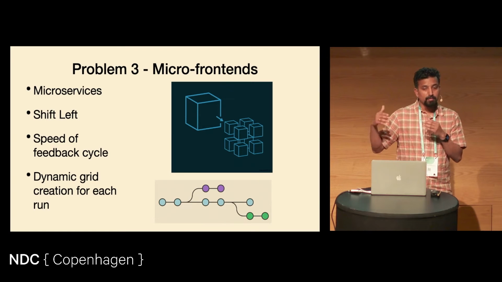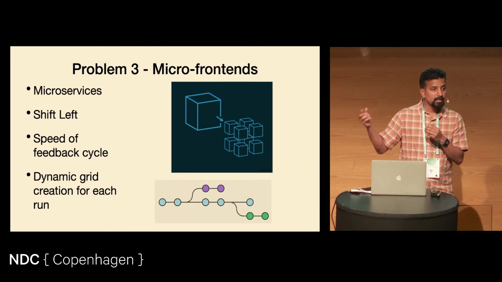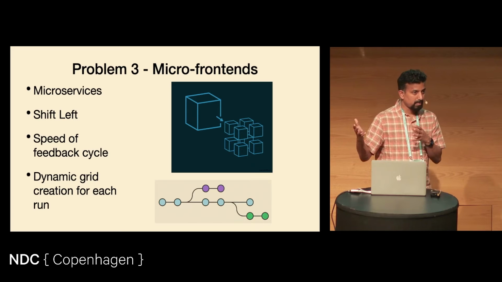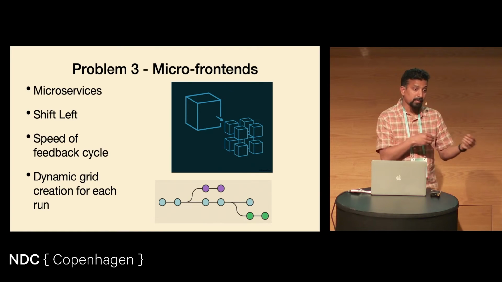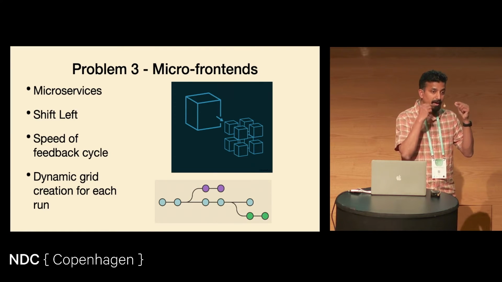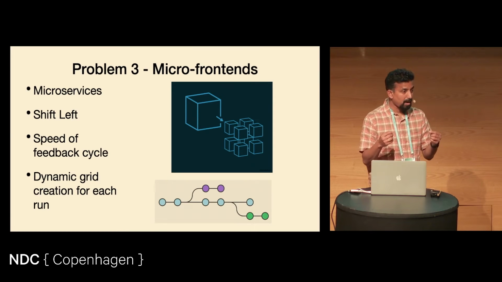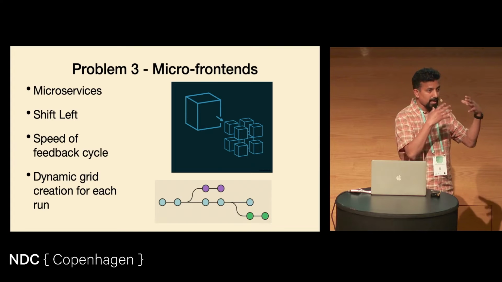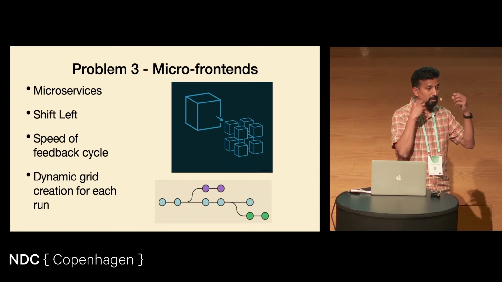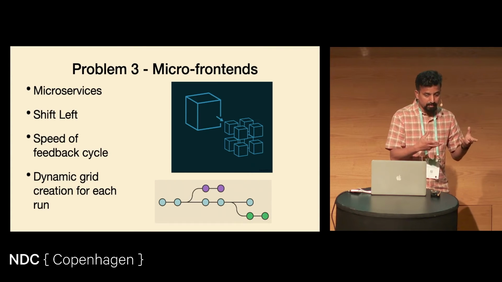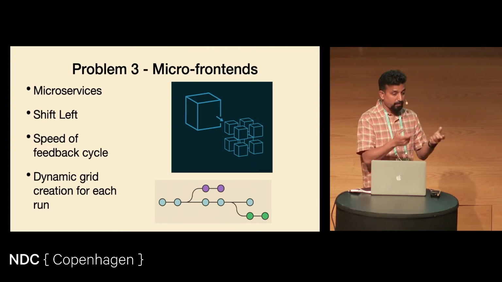Ten years ago, it was very normal to release once in 6 months. I've seen that, right? But right now, people release even every pull request to production. So how can you make that happen for anything that runs on web browsers, so that you can run them faster with a faster feedback cycle?